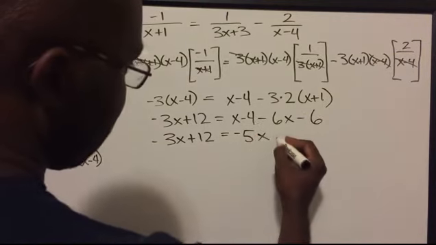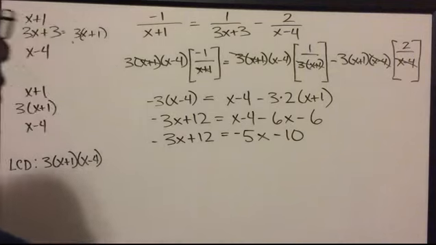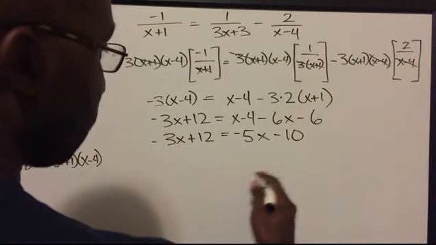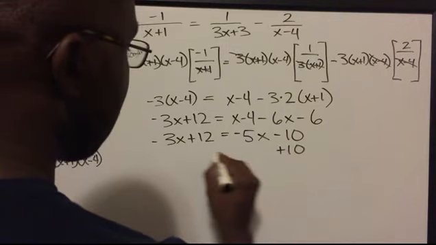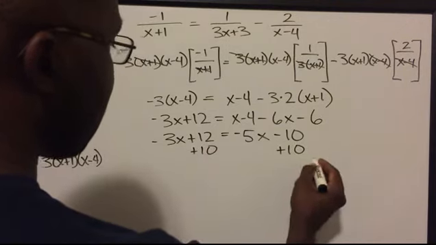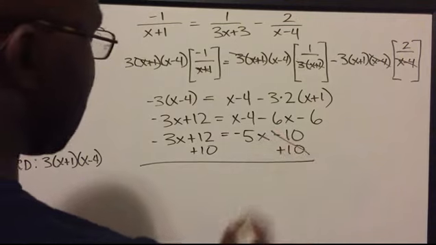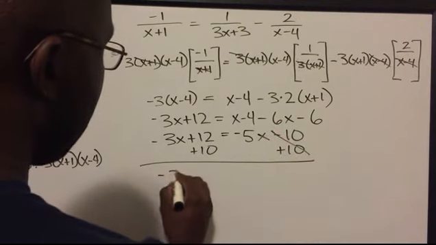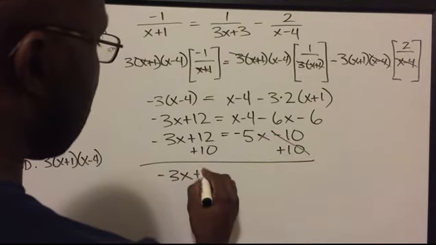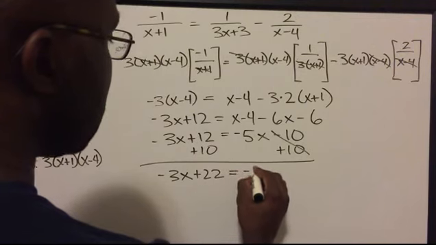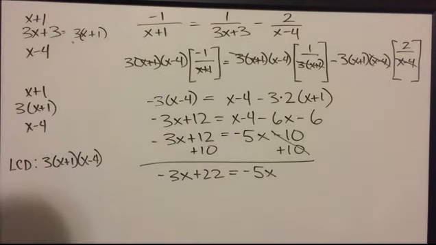It's minus 10. Exactly. So now let's add 10 to both sides. If we add 10 here, add 10 there, this is going to cancel out. Now we have minus 3x plus 22 is equal to minus 5x.